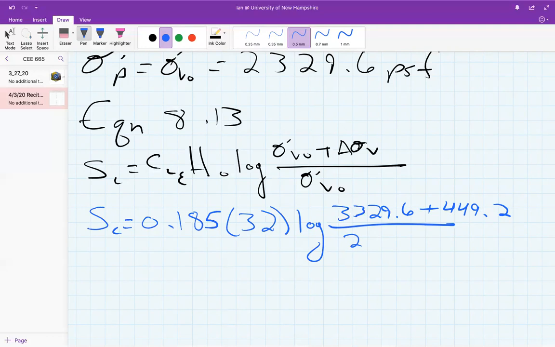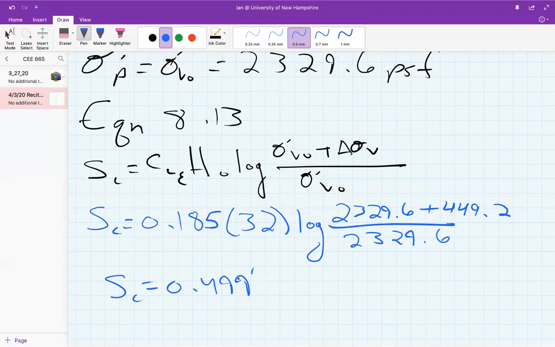Oh, sorry, erase this real quick. So when we do this math, we find that our total settlement is 0.499 feet, but we want this reported in inches because this is a much more realistic settlement report.